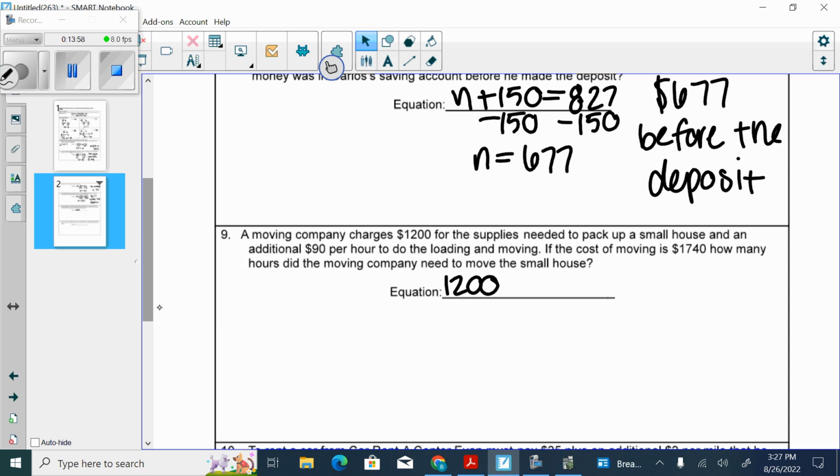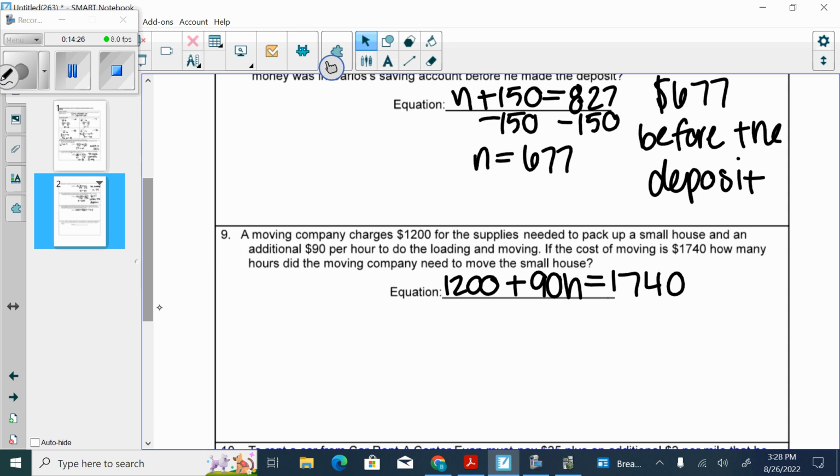Plus, right, adding, very good. Adding 90 per hour. How do I write 90 per hour? 90H, good. So 90 times however many hours, right? We have no idea how many hours it's going to take. Okay, and this should what? How do we finish this problem? Right.